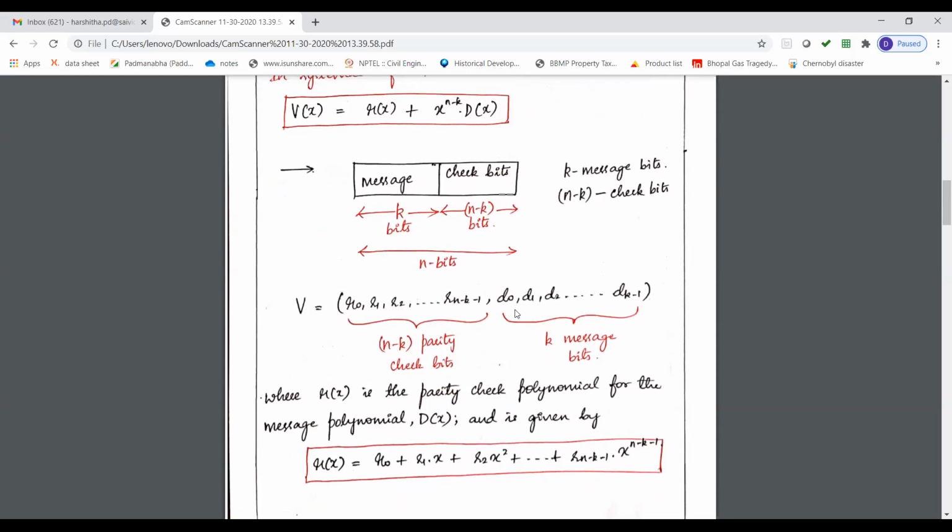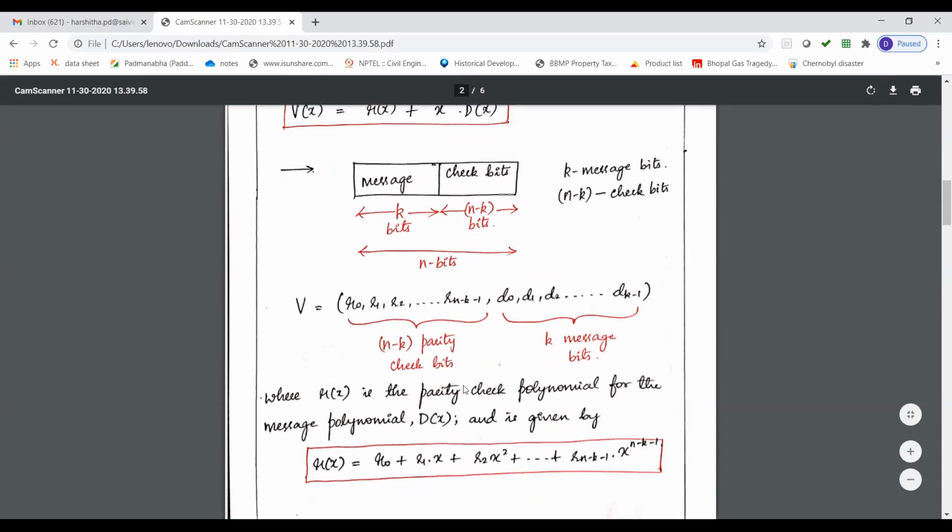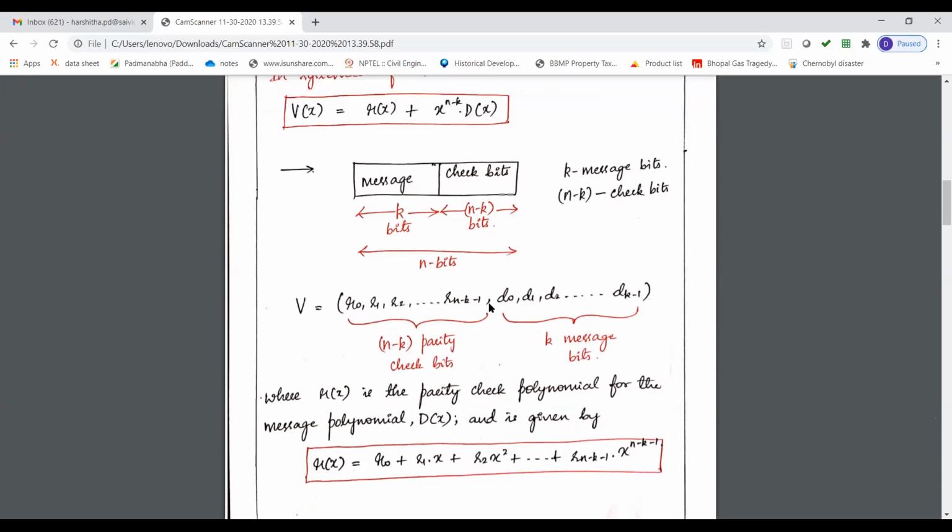The message is k bits long, indicated by d0, d1, d2 and so on till dk minus 1, and the parity check bits are represented by the remainder r0, r1, r2 and so on till r(n minus k minus 1). So what is this remainder, and how did we get it? I'll explain it.